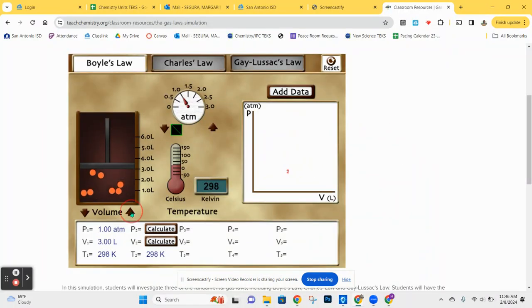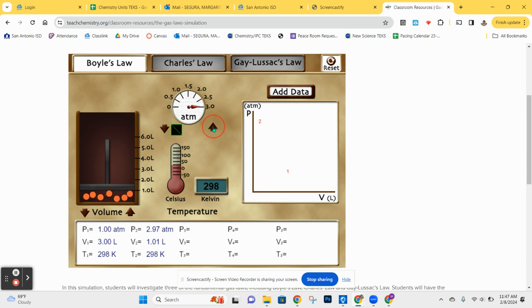All right, so let's see. Are we able to adjust volume? Yes. Look at that. The amount of space that this gas is occupying, we can adjust it. Okay, so I can manipulate this one. So I can change pressure.